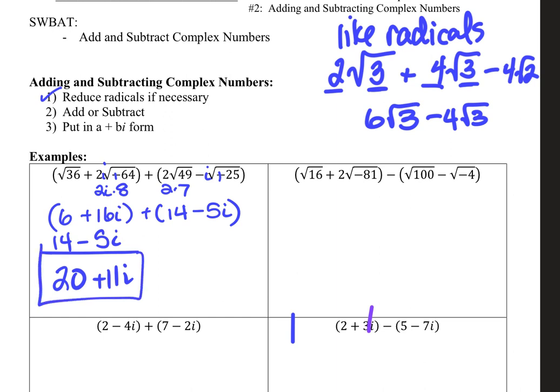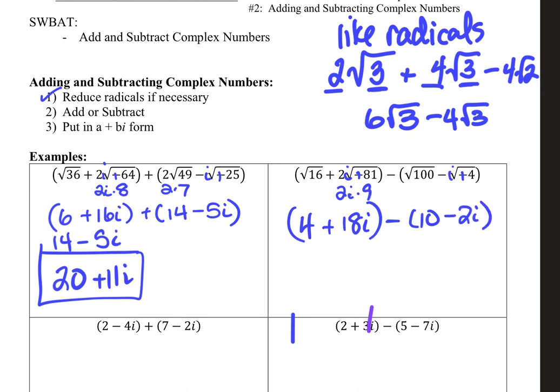So a similar example: square root of 16 is 4. And then we have to reduce this one, so it's 2i times 9, so that's 18i. And then we're subtracting the square root of 100, which is 10, and then take out the i, and it would be minus 2i.